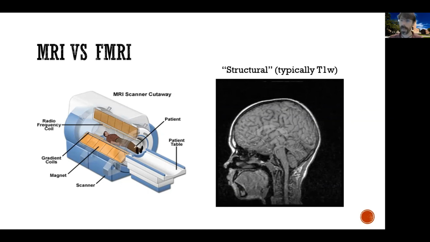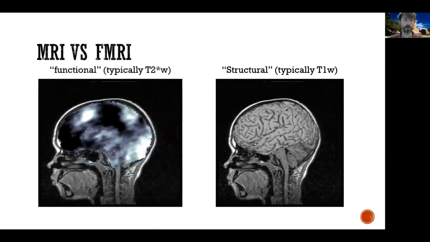And you can use it, for example, to reconstruct the anatomy of the brain in 3 dimensions. The second type of image is typically known as a functional image. And there are several types of taking functional images with MRI. However, we will be primarily concerned with so-called T2 star weighted images. And I will explain how exactly we obtain these images a little later.